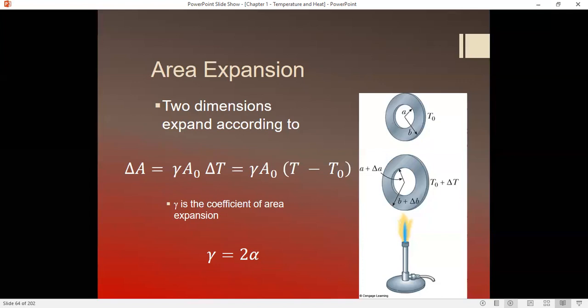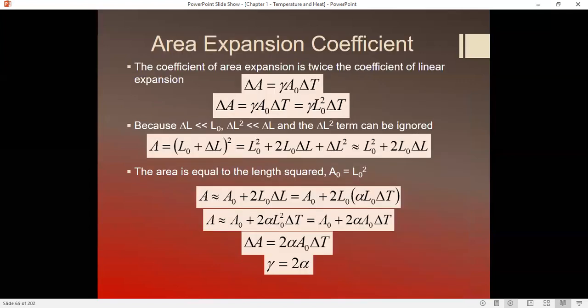Okay? We can also show this mathematically. Here's our equation we just saw right here. I'm going to show you that gamma is actually equal to twice alpha. Now, the area that we gain: if this original area is a square, L0 by L0, the total area is L0 squared.